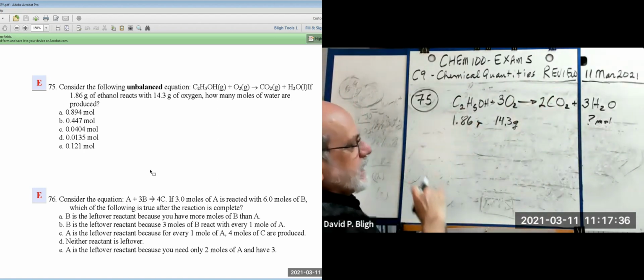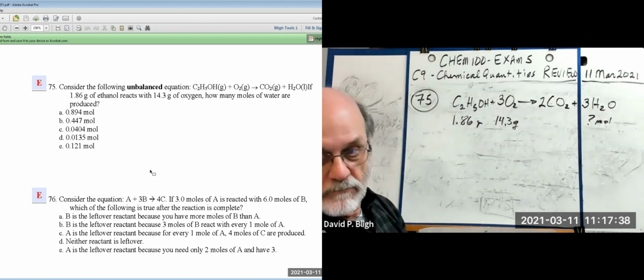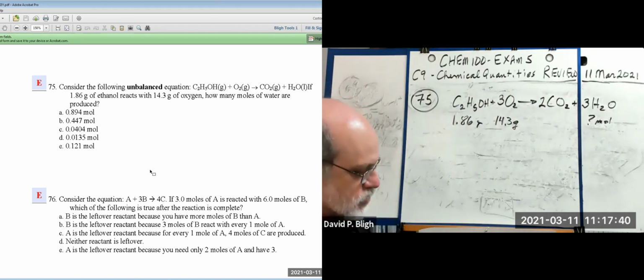So we need an ethanol molar mass: 2 carbons, 6 hydrogens, and 1 oxygen is 46.08.